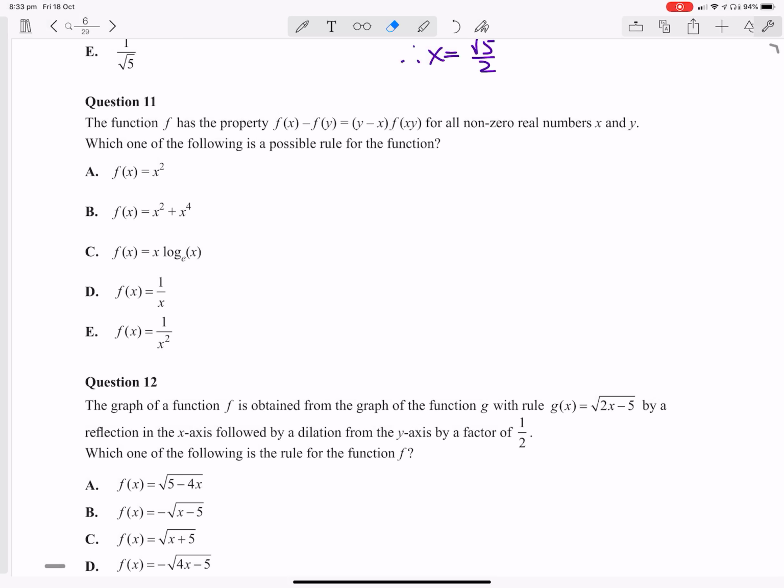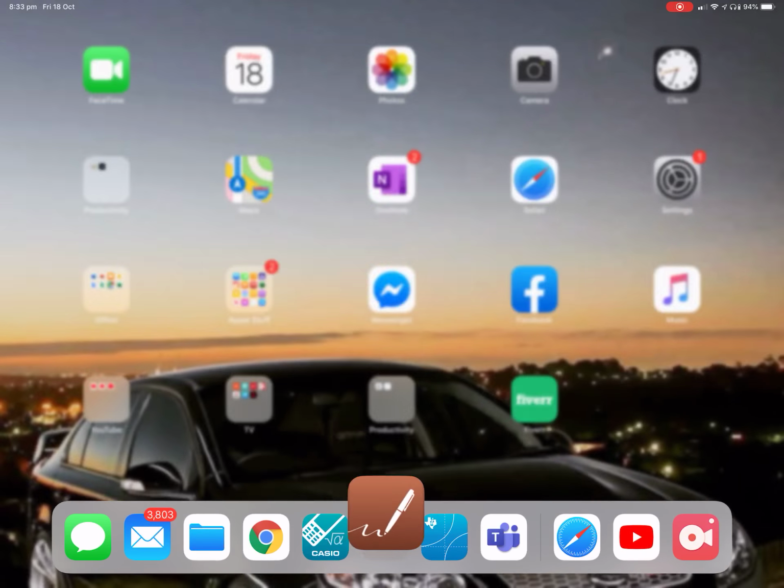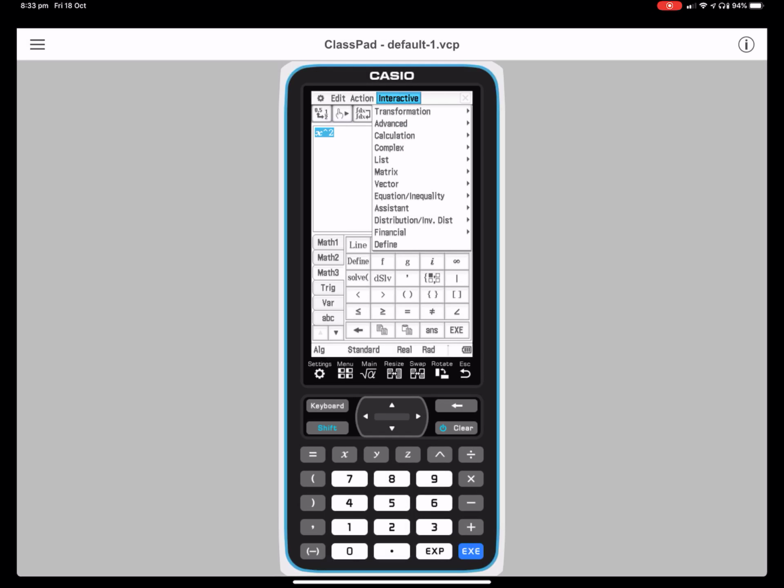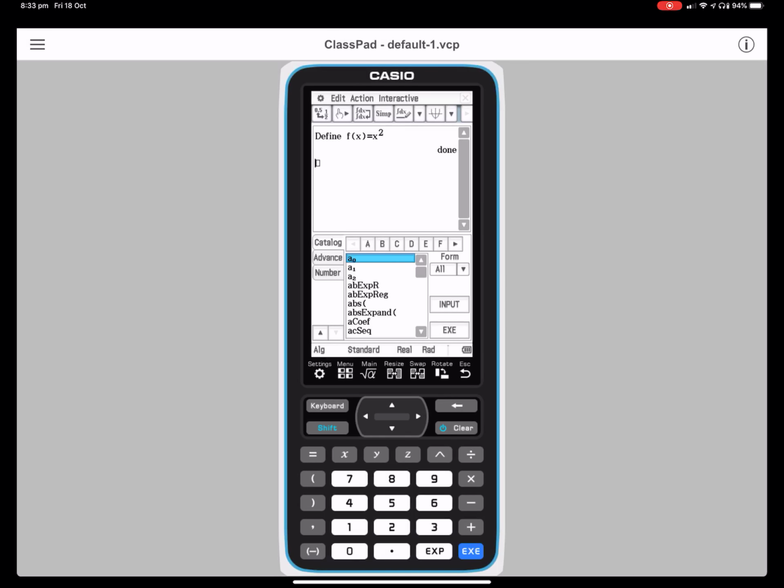Okay, the function has the property that. Okay, so with both calculators, the easiest thing to do: x squared, define as f of x. Now on this calculator you need to use judge; on the other one you don't need to.